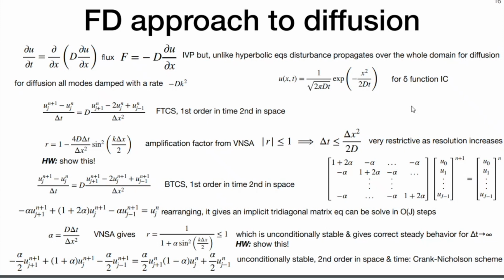And you can show that whatever the value of alpha is, as long as it is greater than 0, this is always less than or equal to 1. So the nice thing about this implicit method, in which the right hand side is evaluated at n plus 1, is that it's numerically stable for all delta t's, not just for small delta t. It does not even matter what delta t is.